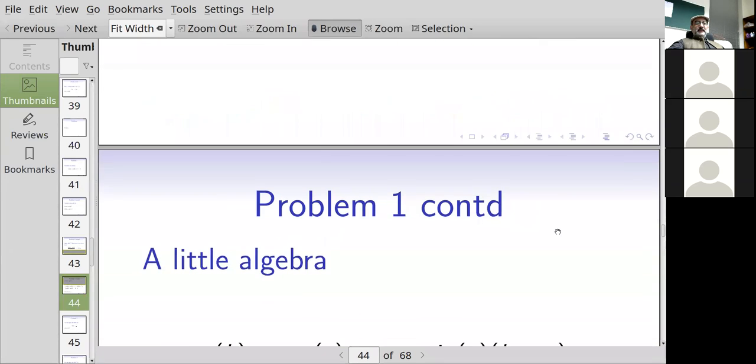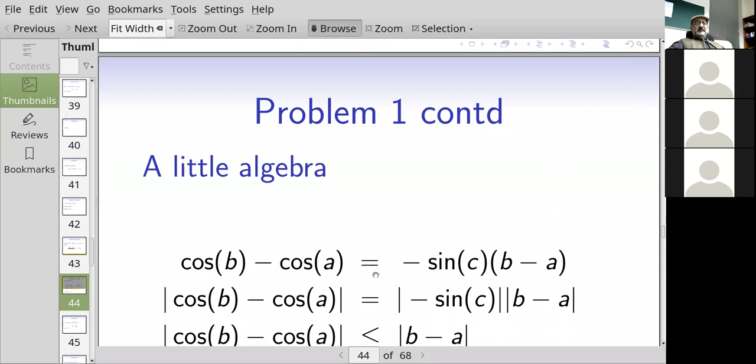So I'll get cos of b minus cos of a is equal to minus sine c times b minus a. Now I can take the absolute value on both sides, right? So I'll get the absolute value of cos of b minus cos of a is equal to the absolute value of minus sine c times the absolute value of b minus a.